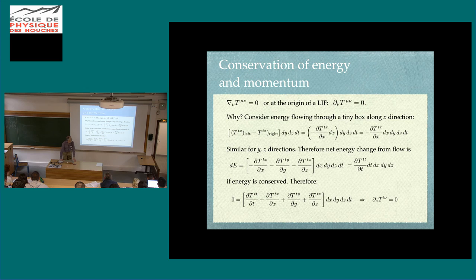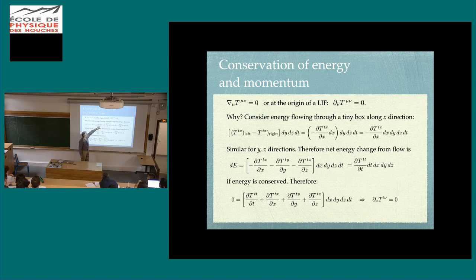Well, you can think about each term in this expression. Think about energy flowing through a tiny box along the x direction. So this is the flux of energy, according to what we decided. Let me take the energy that's flowing into the left side of the box and subtract the energy that flows out of the right side of the box.